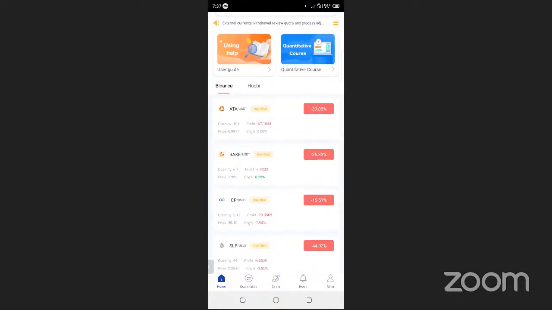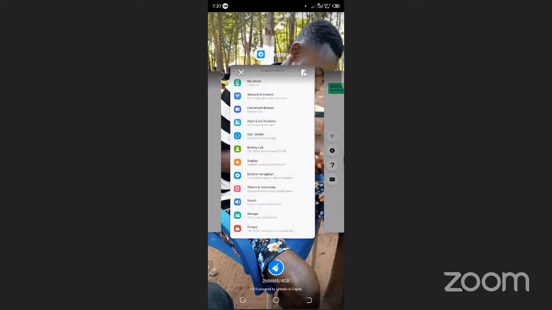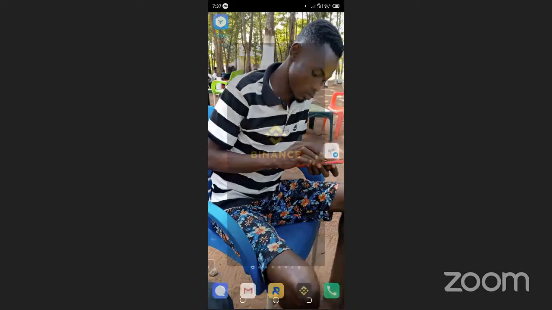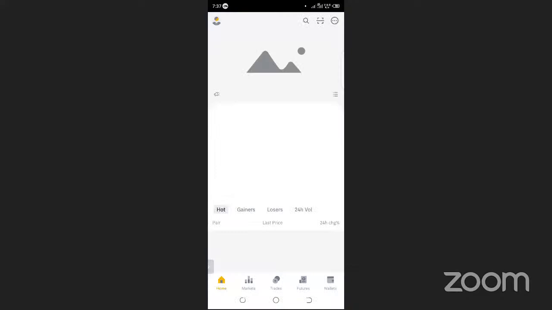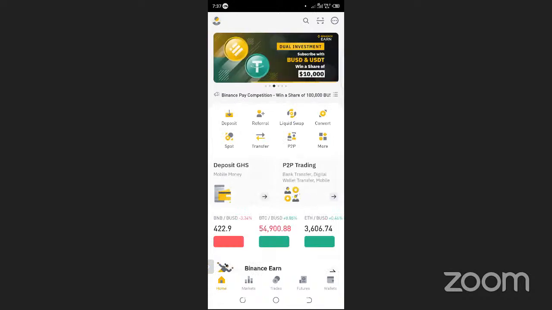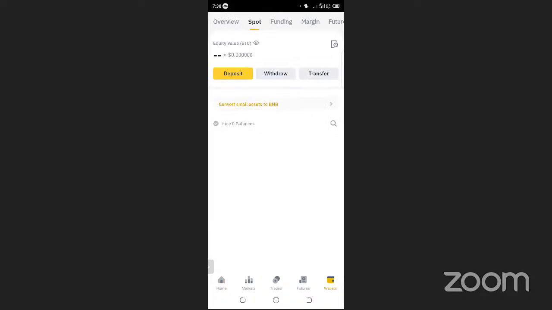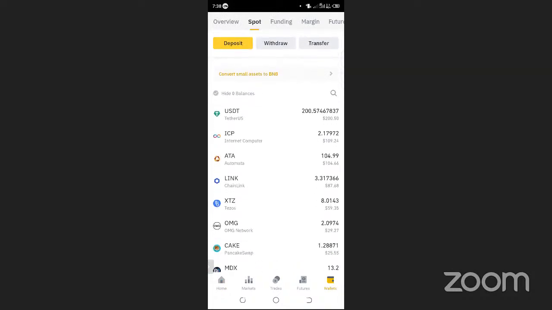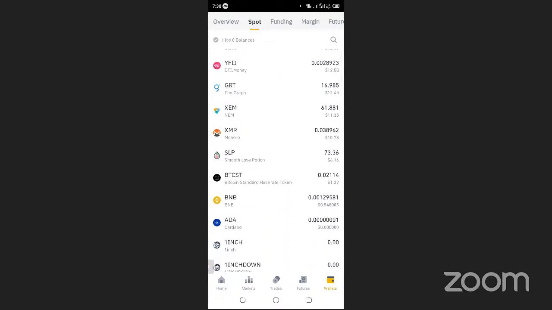When I go to my Binance, I have a coin, SLP.